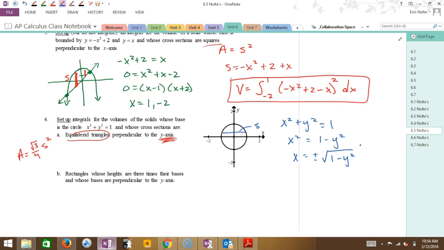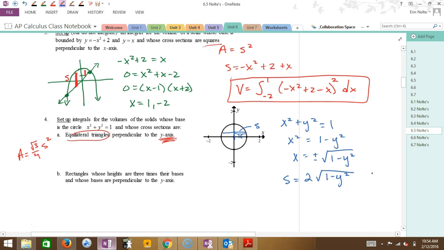The square root of 1 minus y squared is 1/2 of the circle. So we need 2 of those lengths. Do you see what I'm saying? This x length is only from the y-axis over. So to get the s, we would have to multiply it by 2. 2 of those.